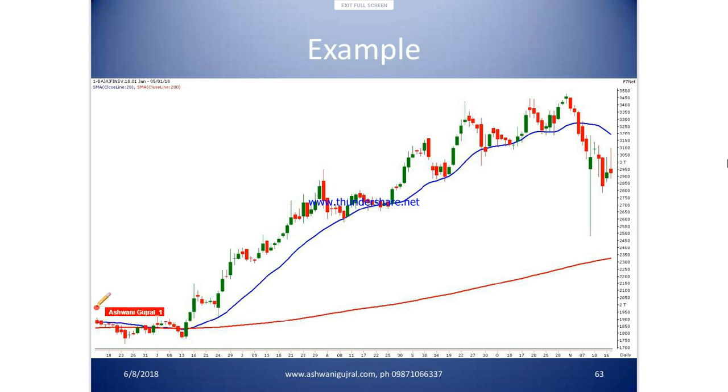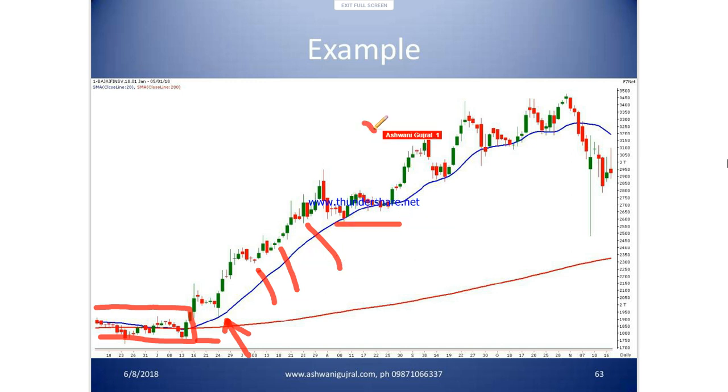So again, narrow range near 200, breakout, bears try to push it, 20 holds it, put a stop here below 200, add, each time red is cleaned out, add, update stop, start taking off 25, 25, 25 and the rest.